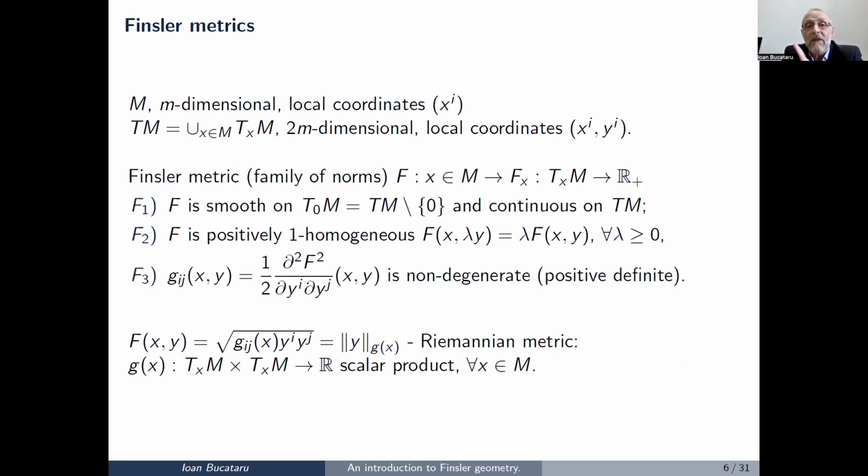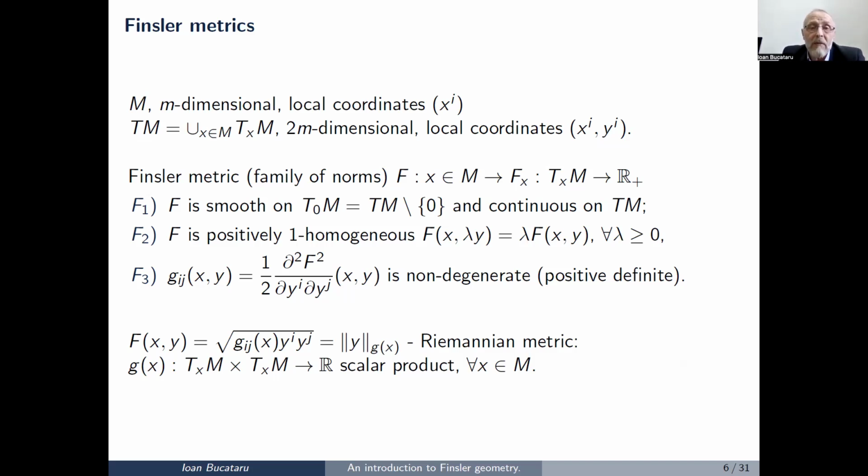Okay, so this is more or less the history of Finsler geometry. Let me say briefly what a Finsler metric is, and then I will continue with some ideas on how to study some problems in the Finslerian context. So we have an m-dimensional manifold, where local coordinates are denoted by x. And I will consider TM, the union of all these tangent spaces, the tangent bundle.